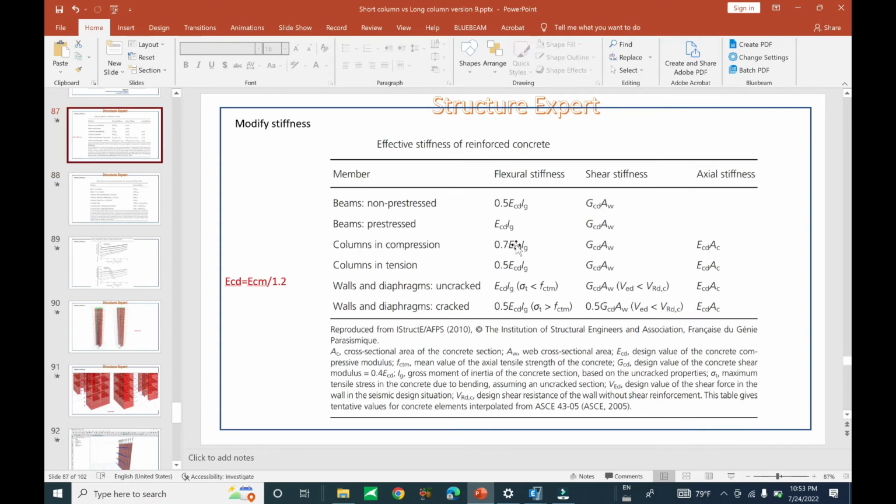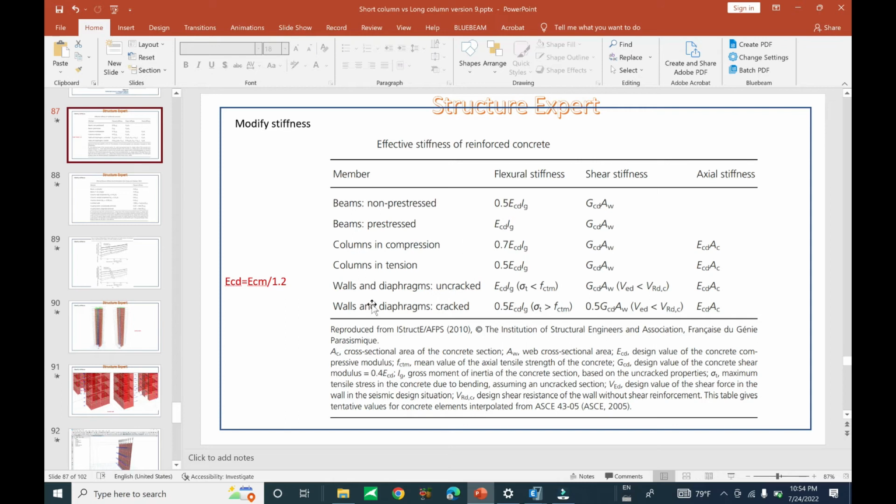For the column in compression, okay, now you can keep it. You can change only the wall. For uncracked, you can keep ECD multiplied with IG. After we verify the tensile stress, it is less than the allowable design tensile stress of the concrete. But actually in our model, no tensile stress appears.